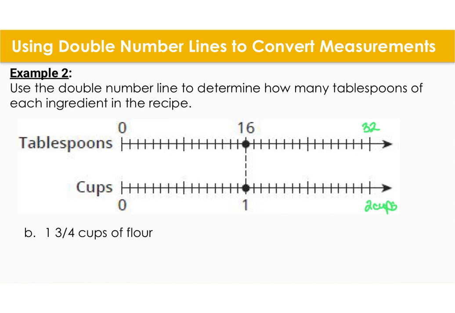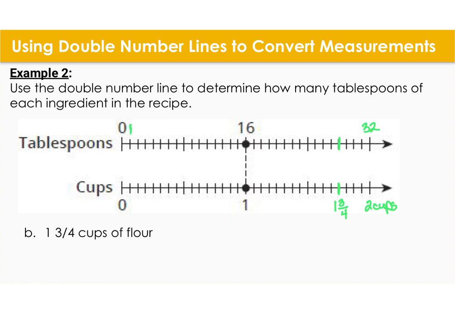Now we're looking at 1 3/4 cups of flour. So the first thing we need to do is find that. So that would be right here. And then I have to figure out what this would be up here. So I can go back down and say there's 16 lines here.